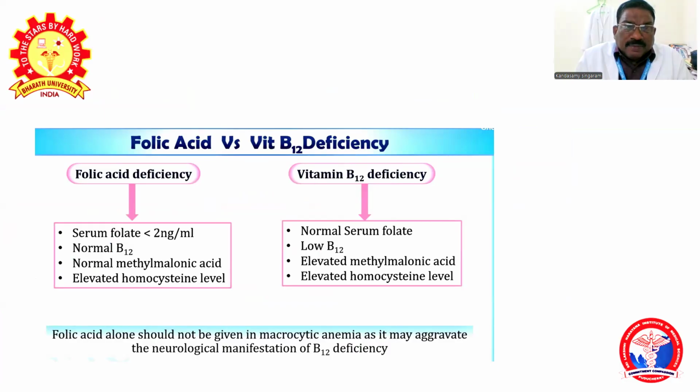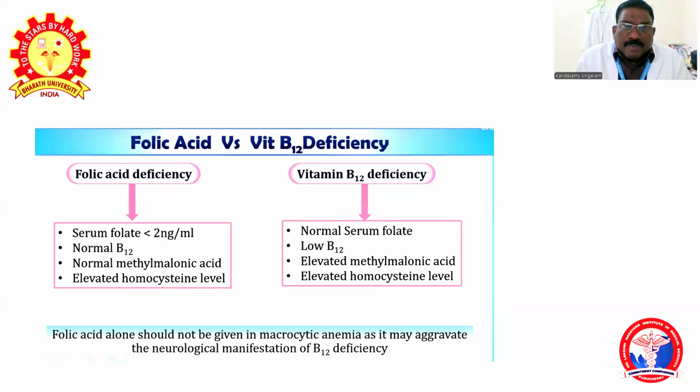What is the difference between folic acid and B12 deficiency? In folic acid deficiency, serum folate level is less than 2 nanogram per mL, whereas B12 is normal, methylmalonic acid is normal, and homocysteine level is elevated.